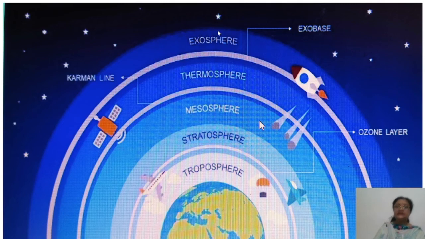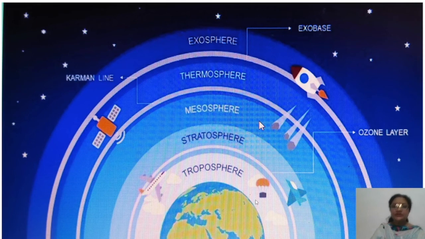And in this layer you will find very light gases, like helium and hydrogen. These are generally found at the level of the exosphere. Clear? So this is about the exosphere, children. The exosphere is composed of very light gases like helium, hydrogen and so on, and that's why it has very less density. Clear?